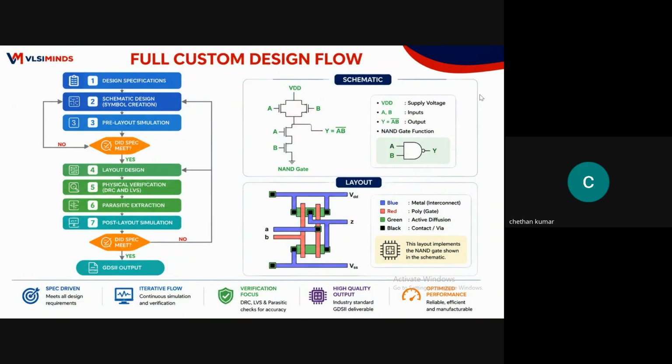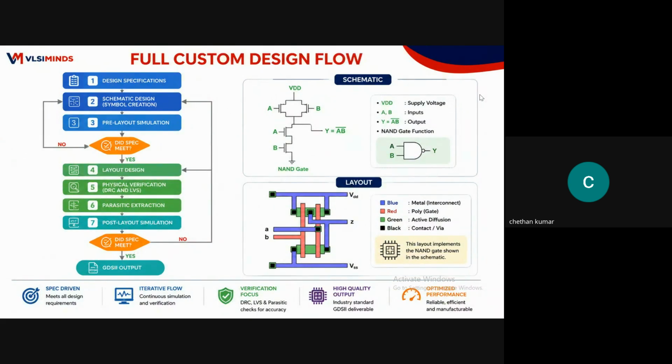So this is the full custom design flow, where, as I mentioned, we have to start from scratch. That means the design specification. The customer will give the design specification, and according to it we have to write the schematic. After writing the schematic, we simulate it. That is pre-layout simulation. We have to verify that design.